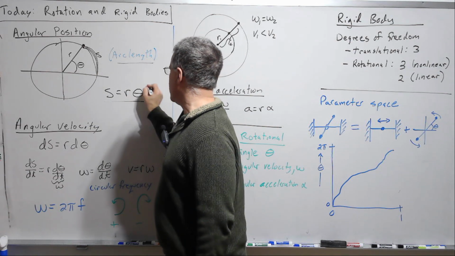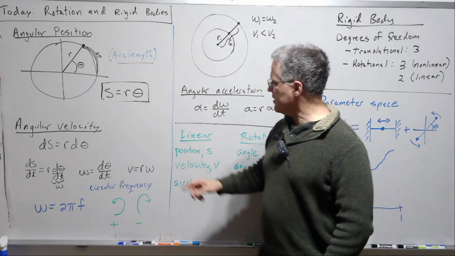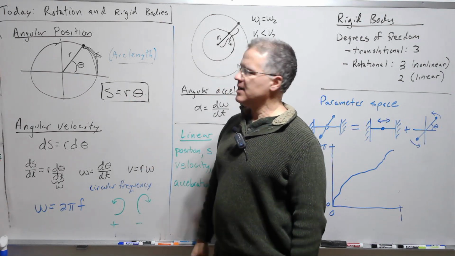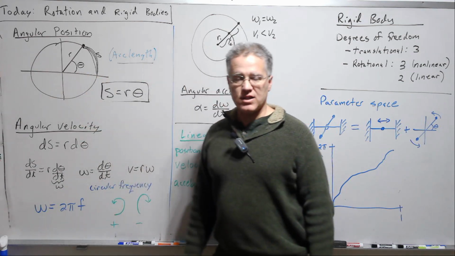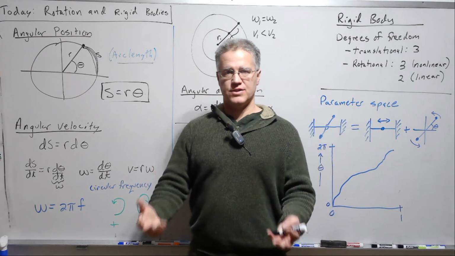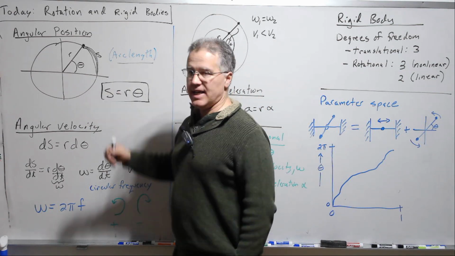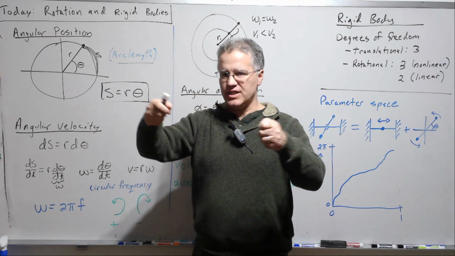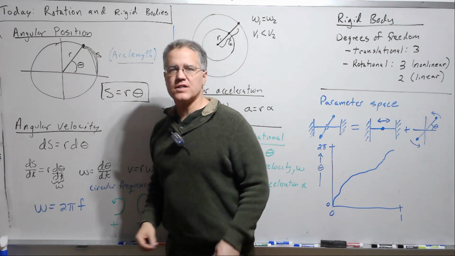The arc length is the radius times the angle. Let's take this angle through 2 pi. Then the arc length would be 2 pi r, which of course is the circumference of the circle. So the arc length is a distance. Now it's a curving distance, but we can imagine just tracking this distance along this arc.